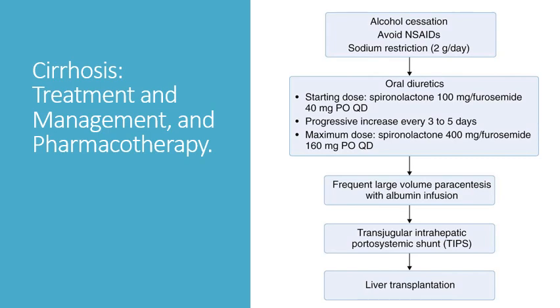But again, from this slide, I really want you to know oral diuresis management, because you may have patients like this. This regimen may be initiated by hepatology or gastroenterology specialty, but the primary care practitioner will be the one who manages this.